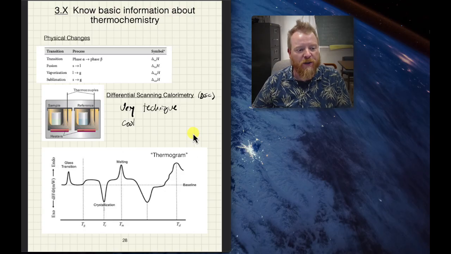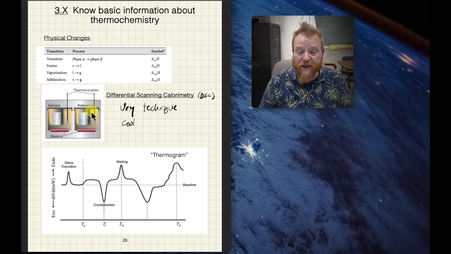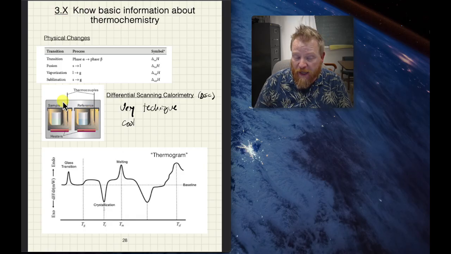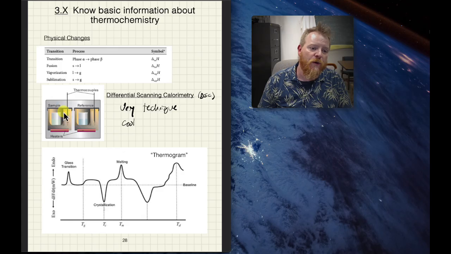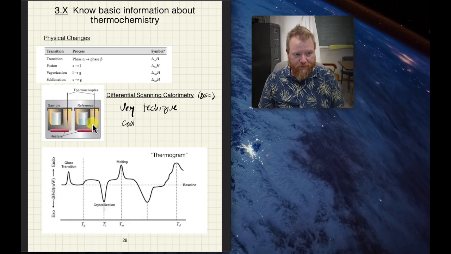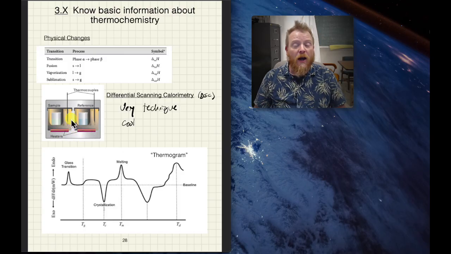The way this works, you've got two separate chambers. One of them is a reference material and the other is your sample that you wish to gain information on. There are two thermocouples, or temperature probes, in each chamber, and each chamber is also controlled by heaters.